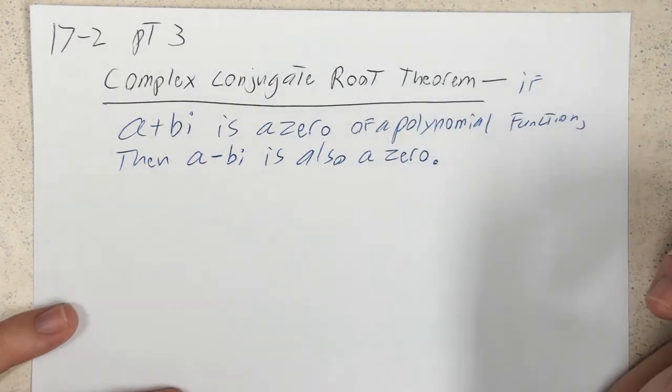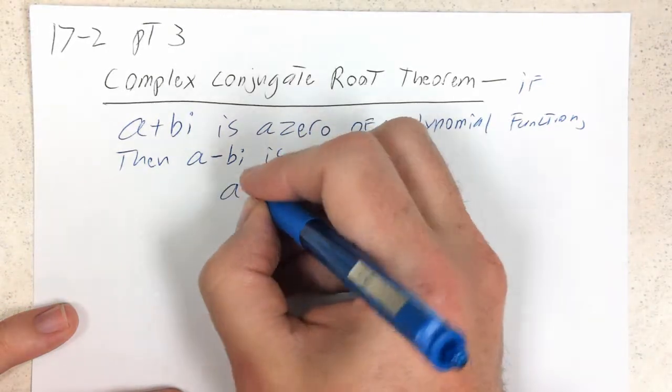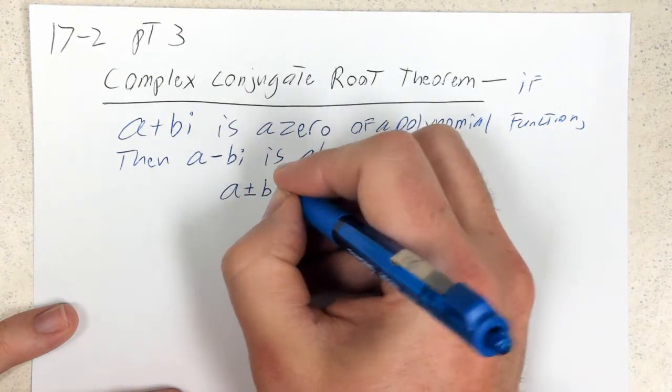So they always come in pairs. It's always going to be a plus or minus bi.